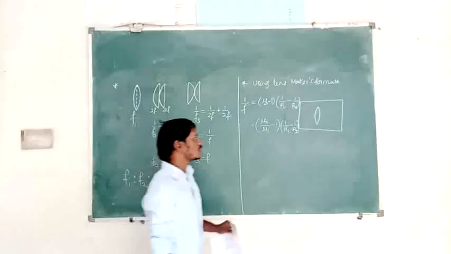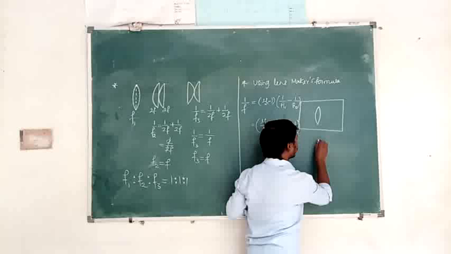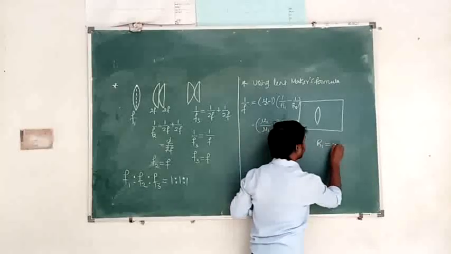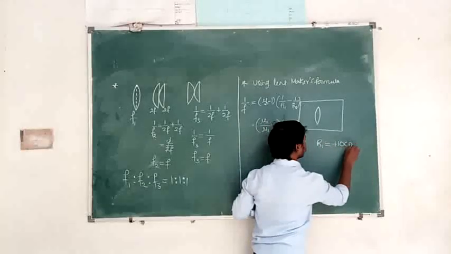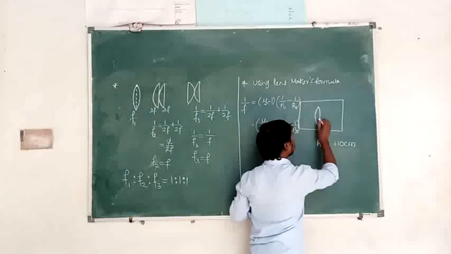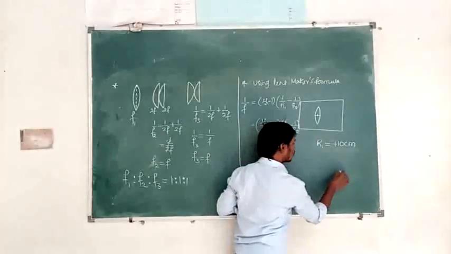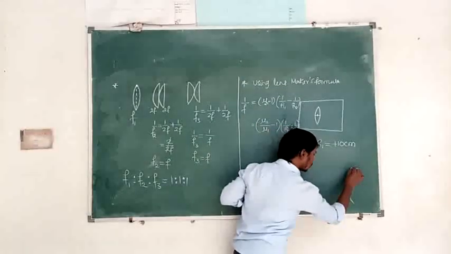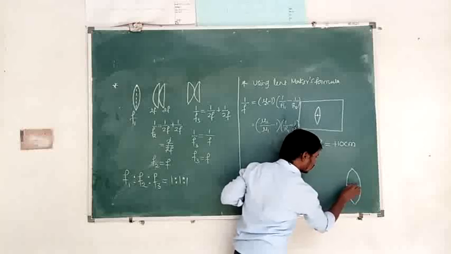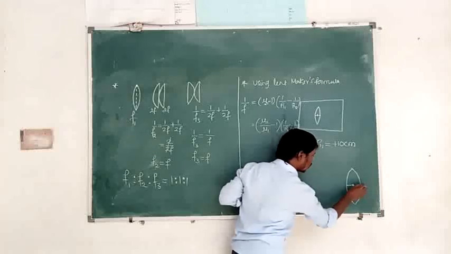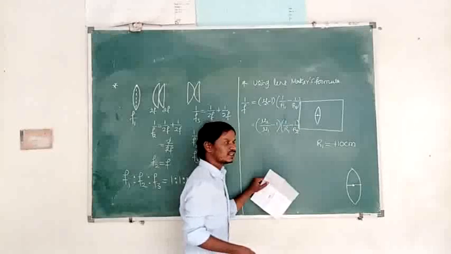Then what is the radius of curvature for each surface here? R1 is equal to plus 10 centimeter because it is at the right side, and R2 is minus 10 centimeter because it is at the left side. See here, in case of a lens, R1 is taken in positive direction, R2 is taken in negative direction.